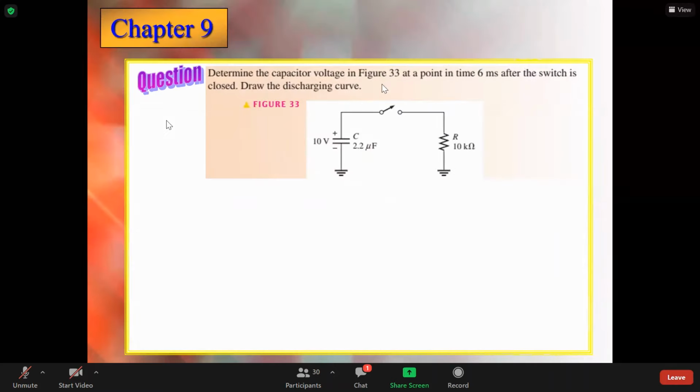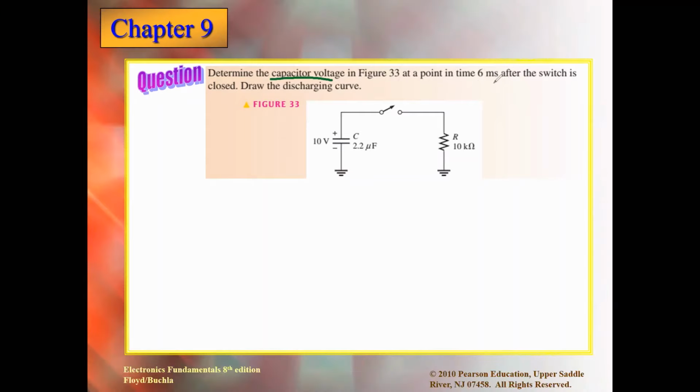Again one more question, and this time we have no battery in the circuit, but in place of the battery we have a capacitor which is going to behave like a temporary battery. Now the question is to determine the capacitor voltage at a point in time 6 millisecond after the switch is closed.